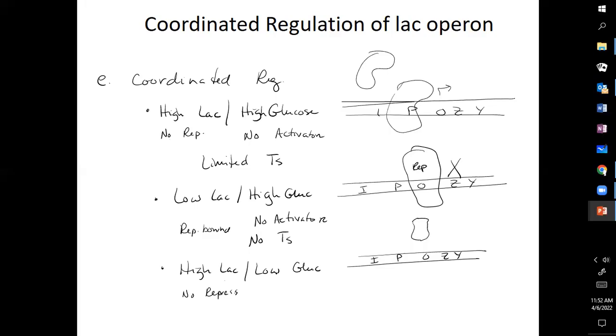What about with low glucose? Well, that means cyclic AMP levels are going to go up. And so in addition to this, we would have activator bound. So we would have that activator complex bound. It's going to recruit in polymerase, and we would here have optimum transcription.